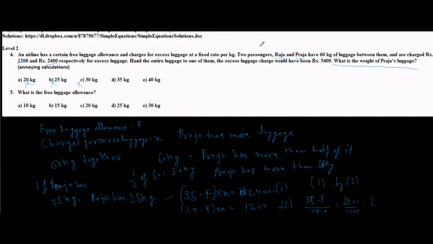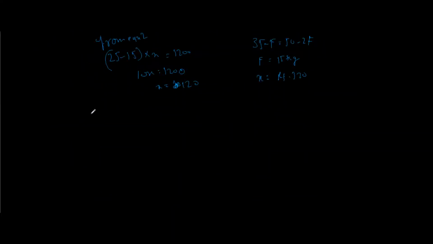Let's see if it satisfies this condition as well. That is, the excess luggage charge would have been 5400 if the entire luggage would have been with one of them. If the entire luggage was 60, excess luggage would have been 60 minus 15.